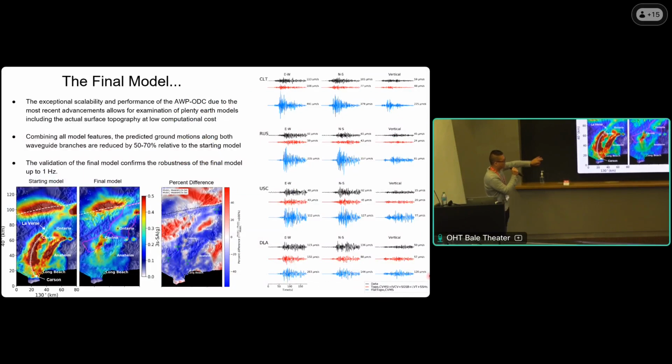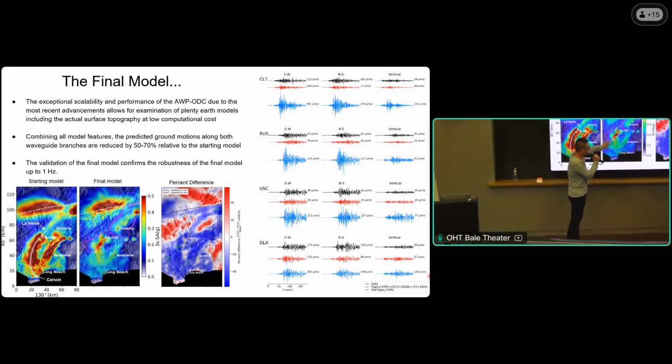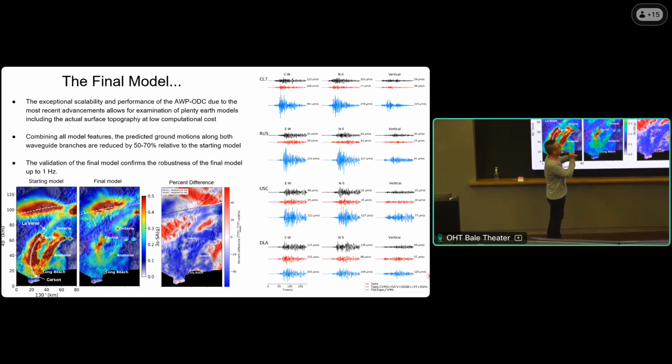We see a huge reduction in the predicted ground motion in the basin, up to 50 to 70% reduction. You might ask, if you do this 10 years later, will it be different again? I would say it's possible, but unlikely, because this time we validated the model carefully.